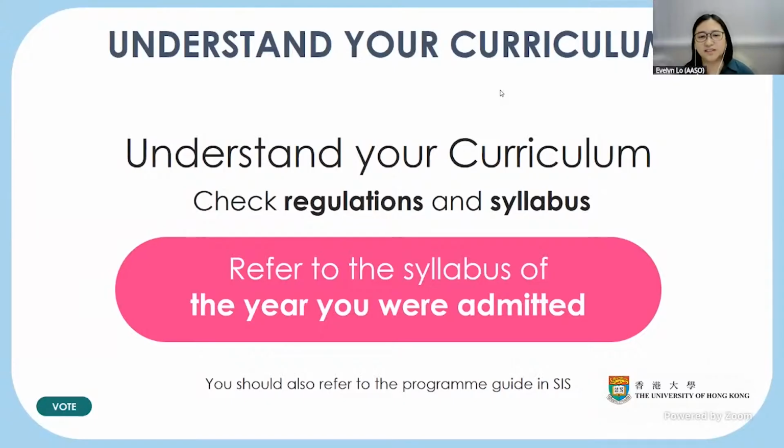If you're in a double faculty, a double degree, you just choose any one of the faculties. We're just doing a survey to see where the majority of you are from.